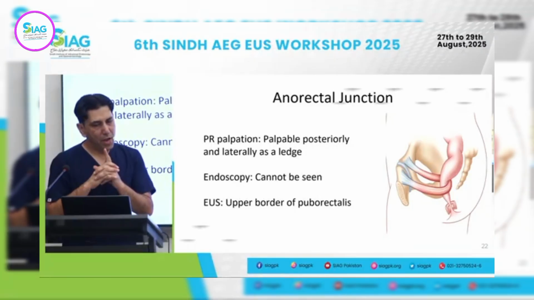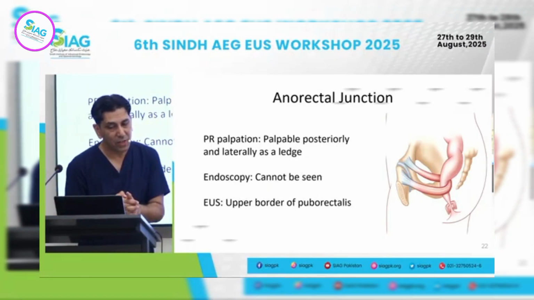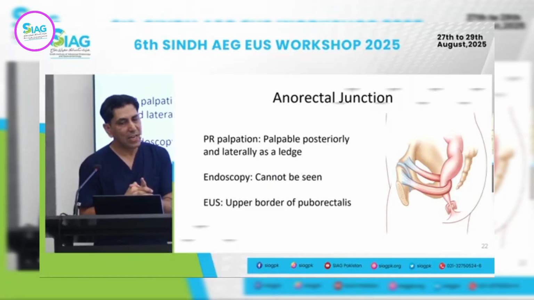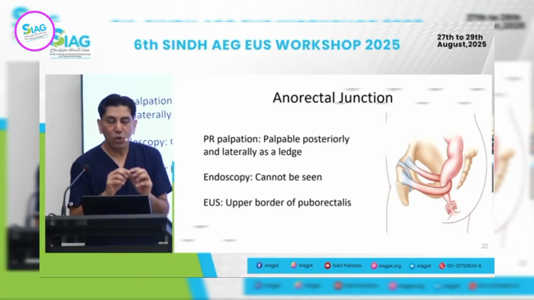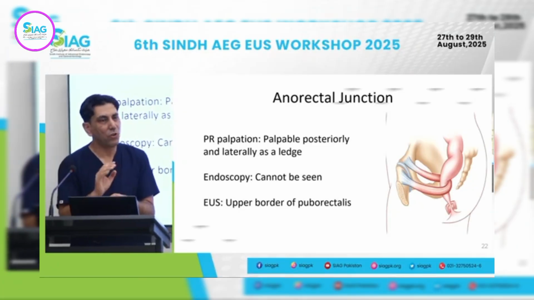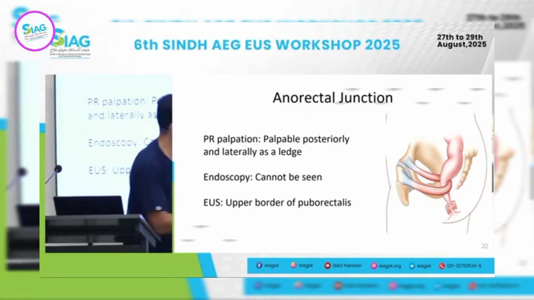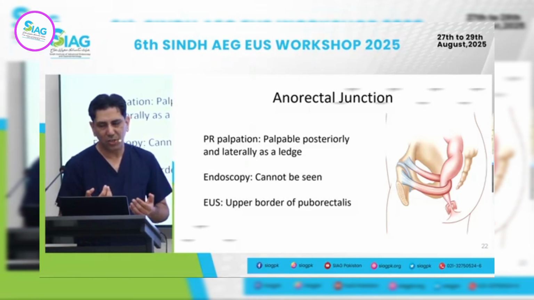So, important that we start off examination with digital rectal examination. Palpate this anorectal junction posteriorly, which may give this ledge appearance laterally. On endoscopy, we cannot actually see where this sling comes in. And in the EUS we are just trying to focus.